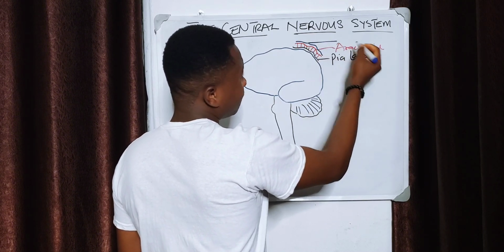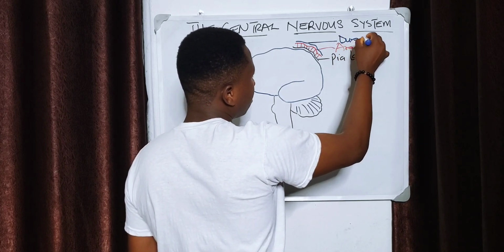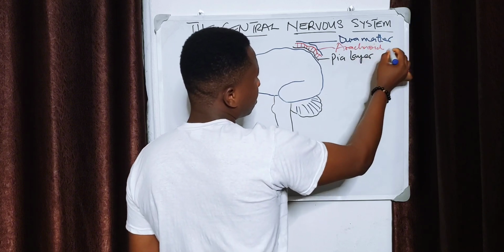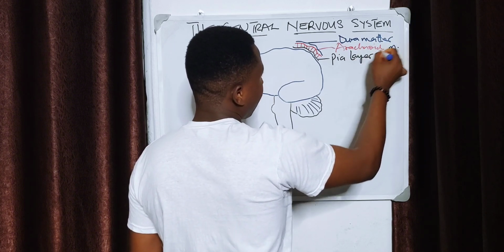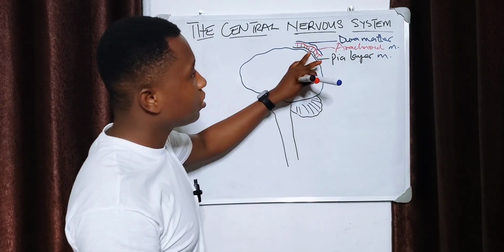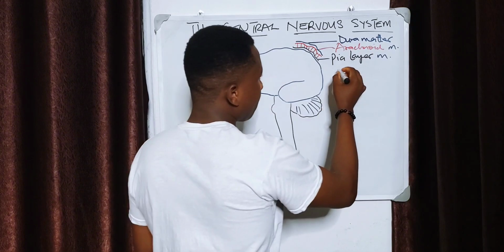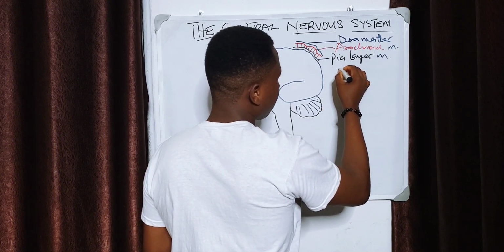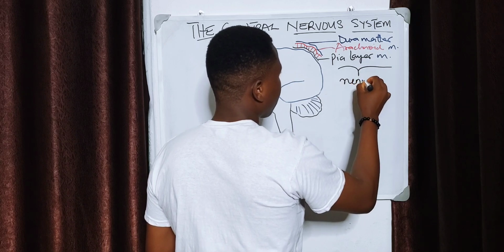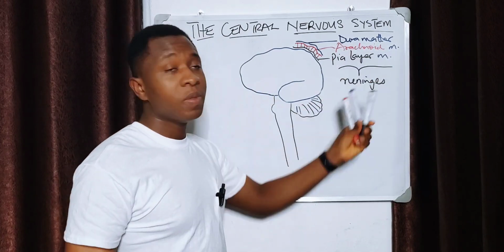This last layer is very tough and it's called the dura mater. So you have the dura mater, the arachnoid mater, and the pia mater. These three constitute what we call the meninges.